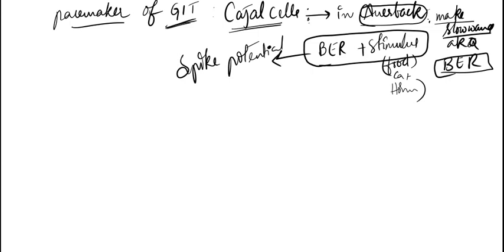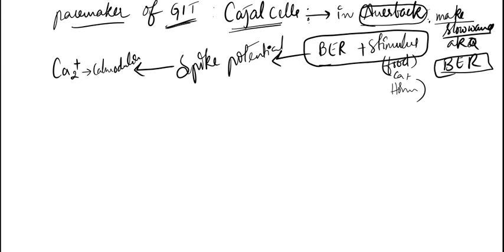Now this spike potential leads to binding of calcium to which component? Calmodulin. Calmodulin is a calcium binding protein.